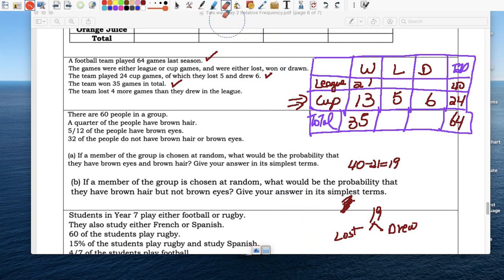Figure this out. Total number of games 19. Is it 19?